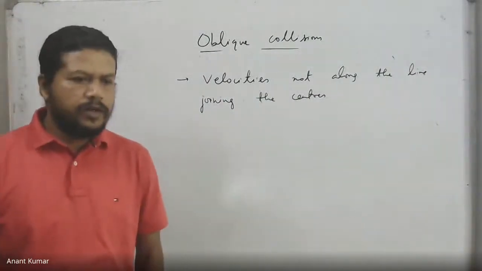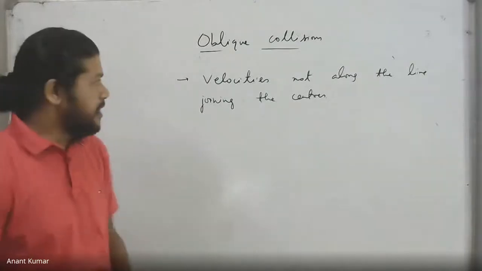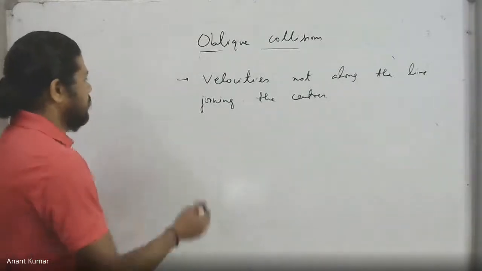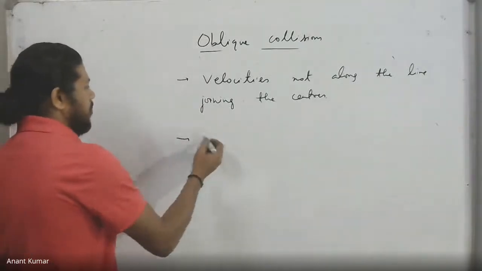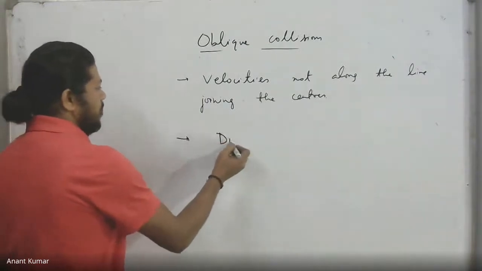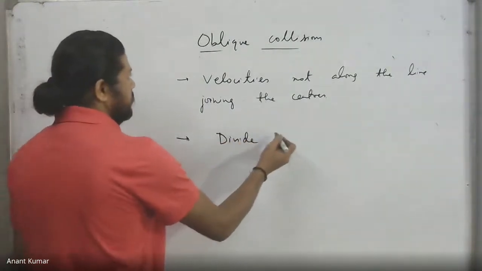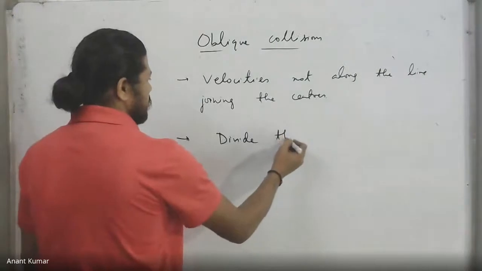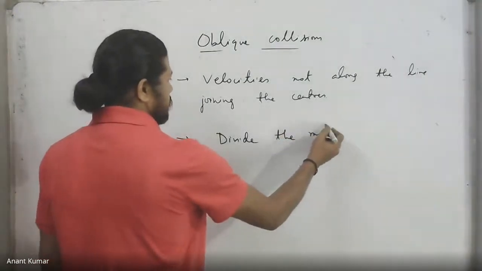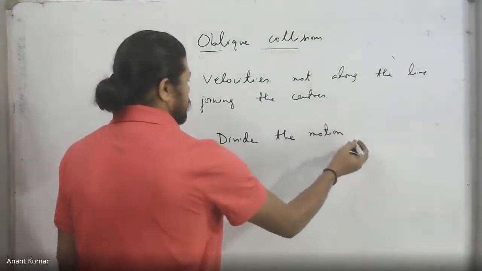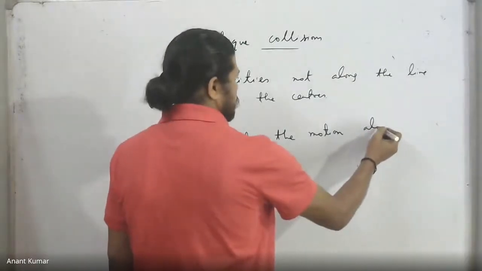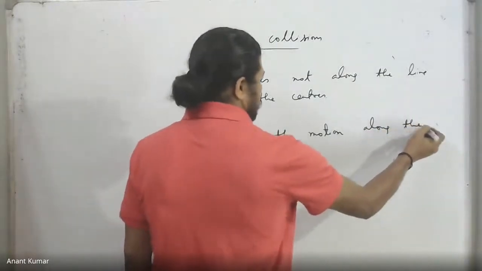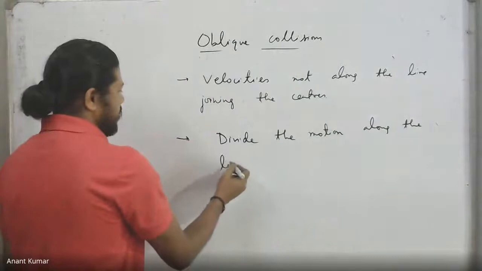One is along the line joining the centers. Divide the motion basically into two components.